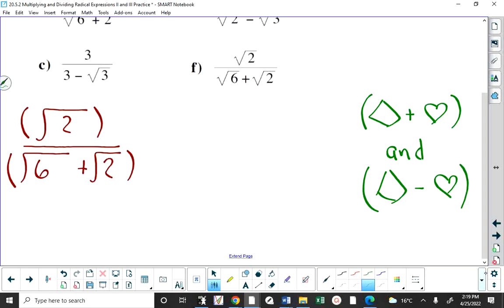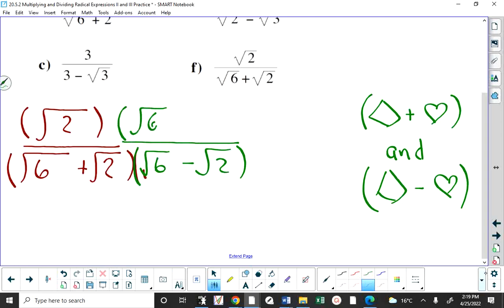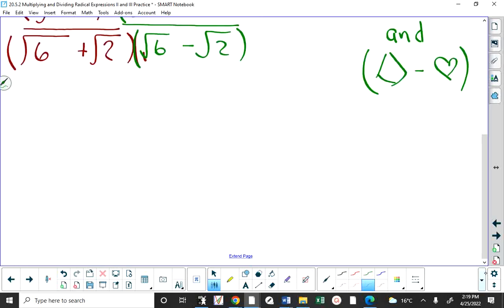A plus B, A minus B. Diamond plus heart, diamond minus heart. And the order that I write them in doesn't matter. So what is the conjugate of root 6 plus root 2? It's root 6 minus root 2. We multiply the top and the bottom by that conjugate.